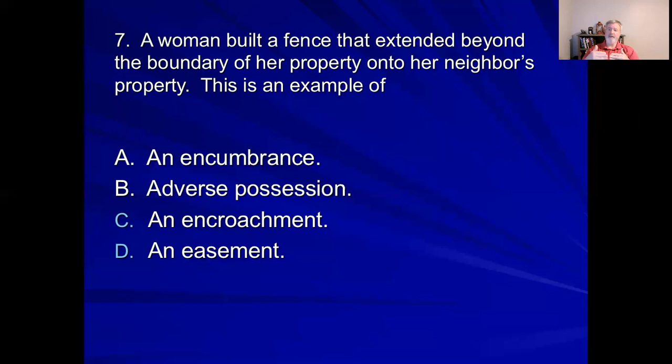And as it turns out, now they actually built the fence across the line, which encroaches onto their neighbor's property. Well, that's not an encumbrance, right? B, adverse possession.